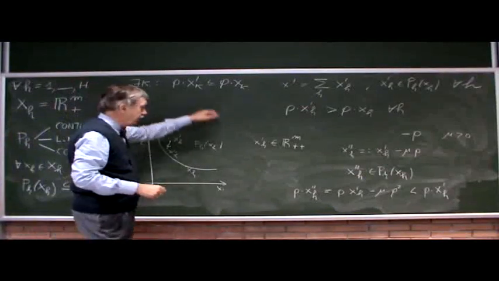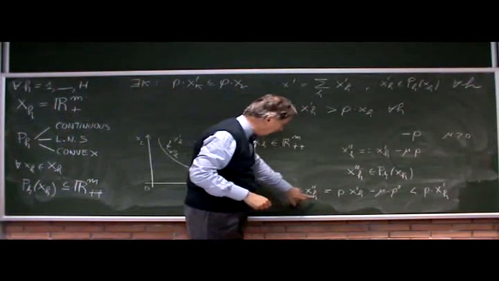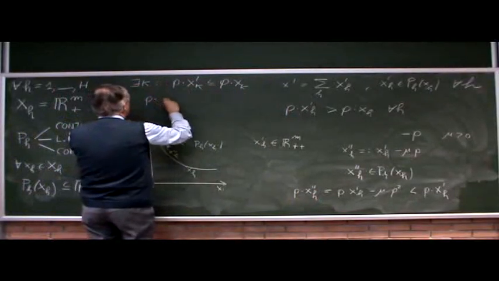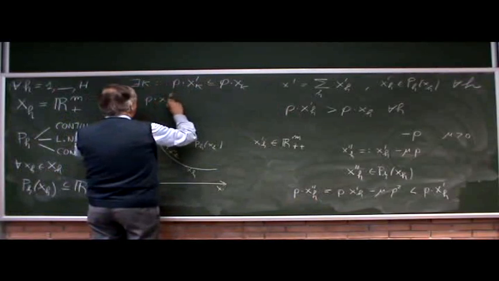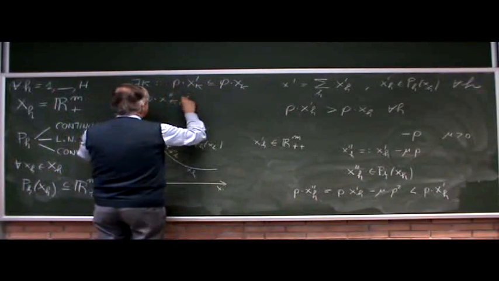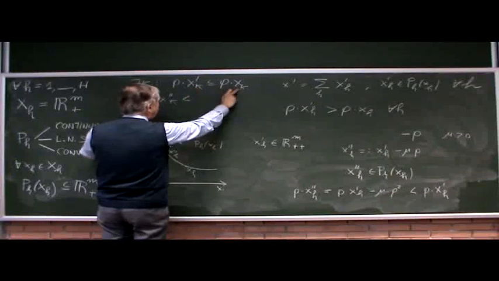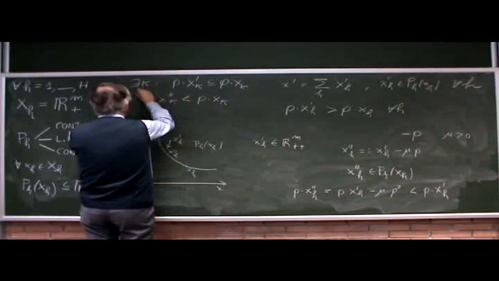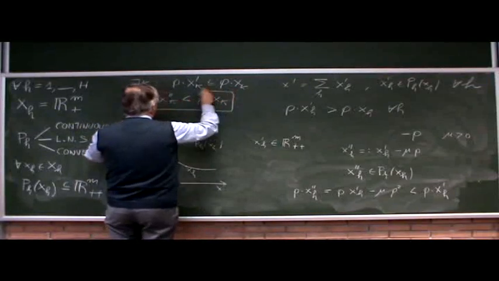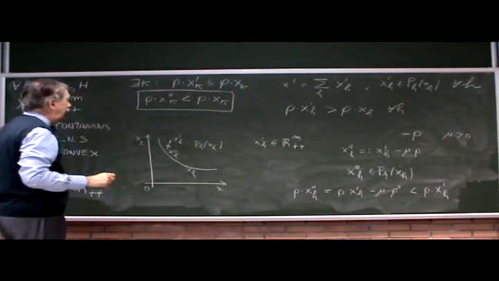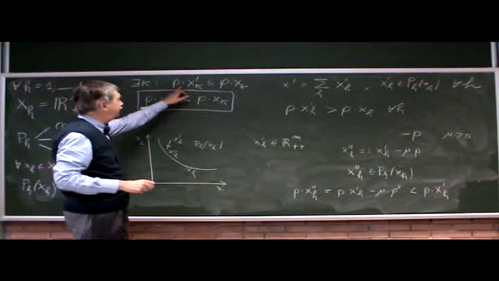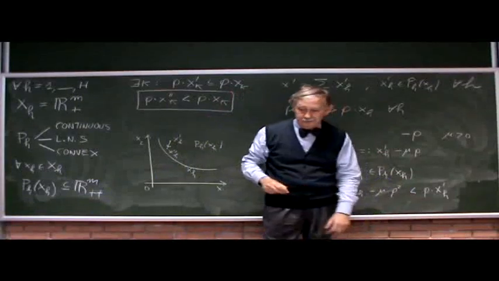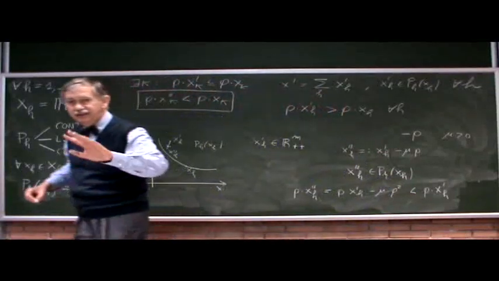By combining this inequality with this inequality, referring to subject k, you obtain p times x double prime k is lesser than this inner product. You obtain this result, simply by combining this absurd assumption with our previous theory for a particular subject k.